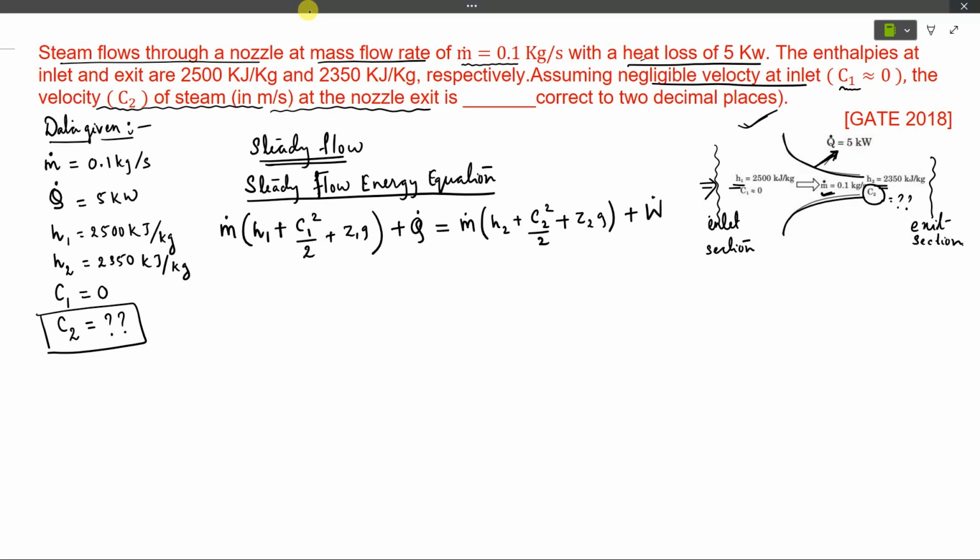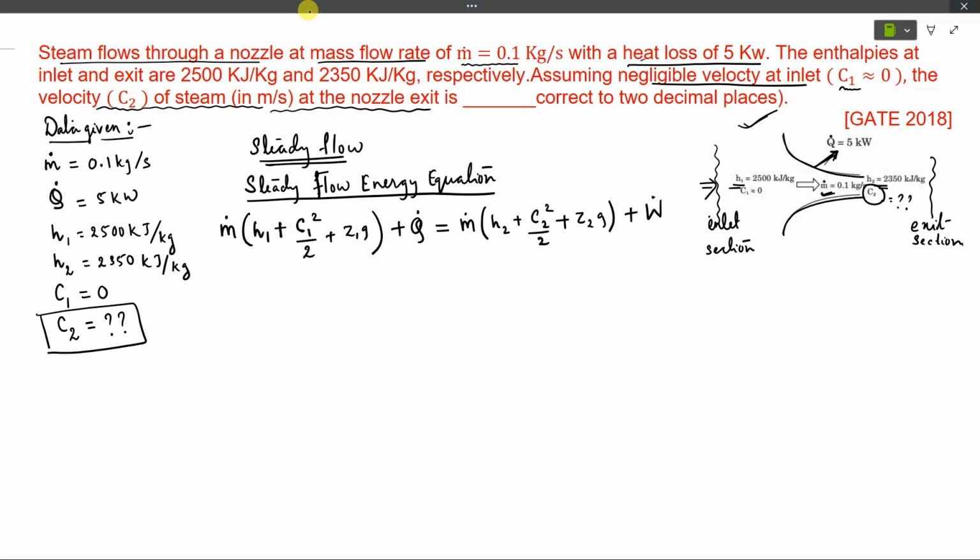Here the velocity is expressed as capital C, that's why in kinetic energy we use the C term: C1 square by 2 on the left side and C2 square by 2 on the right side.